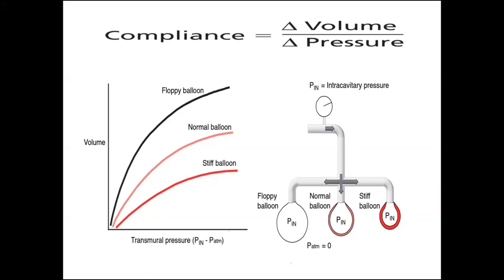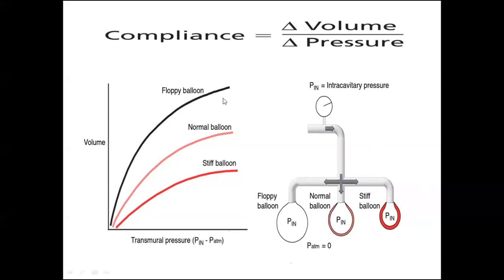Your compliance is less, so you need more pressure. Exactly. So you can see here, you have a stiff balloon. For a stiff balloon, to inflate it to the same diameter, you need to do more work. And on this side, you have a very thin, fluffy balloon, so the effort needed to inflate it is very little.